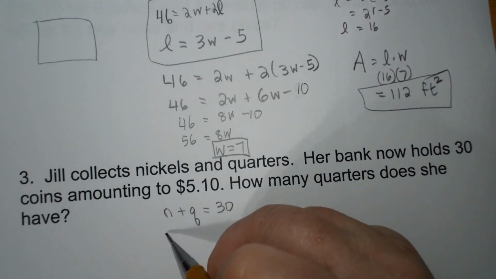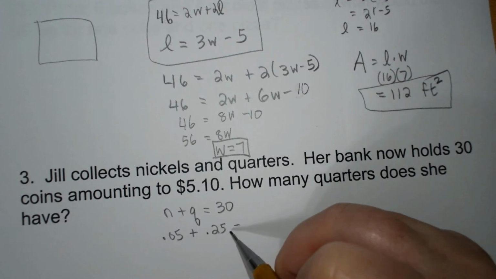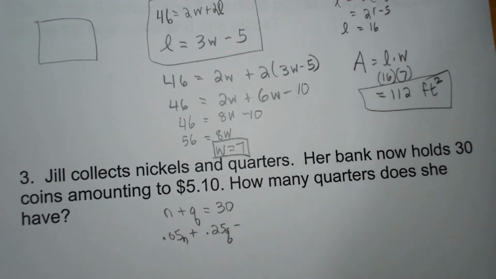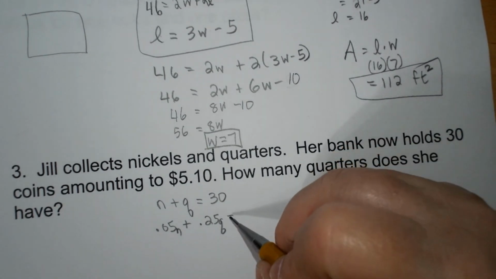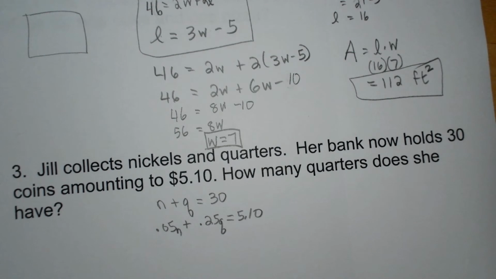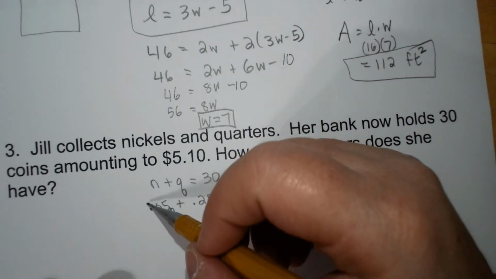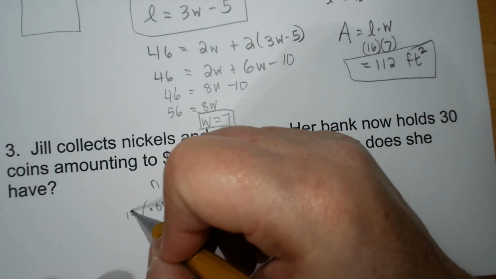We have 0.05N plus 0.25Q, oh, I forgot my variables, equals 5.10. I don't like decimals. I'm going to multiply everything by 100.